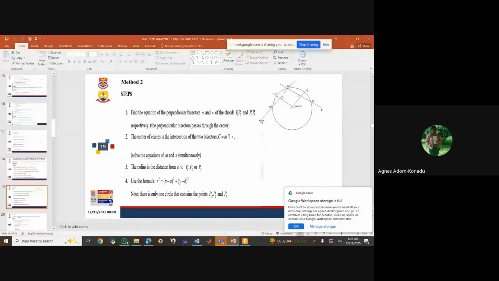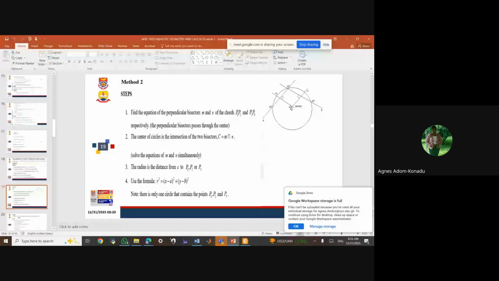So you find the equations of the perpendicular bisectors, M and N, of each chord, P1P2 and P2P3. Then the center of the circle is the intersection of the two bisectors. So you have equation M and equation N, you solve the two, and the intersection will be the center.